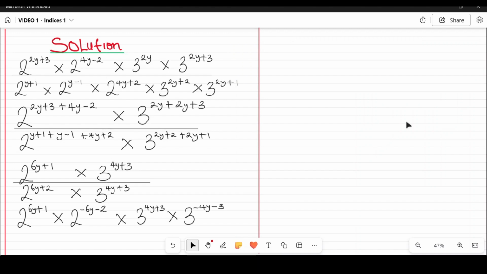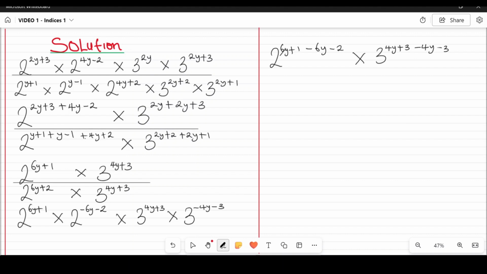Upon adding the indices, we express it as 2 raised to the power of 6y plus 1 minus 6y minus 2 times 3 raised to the power of 4y plus 3 minus 4y minus 3.